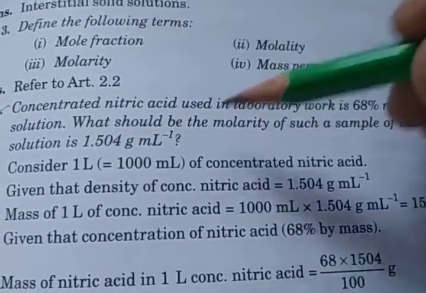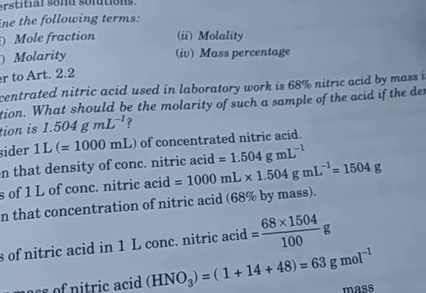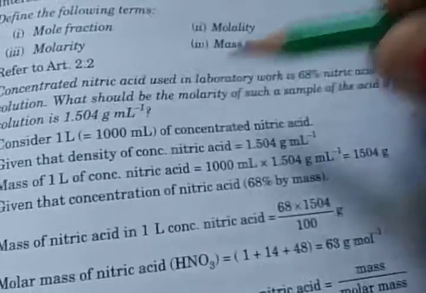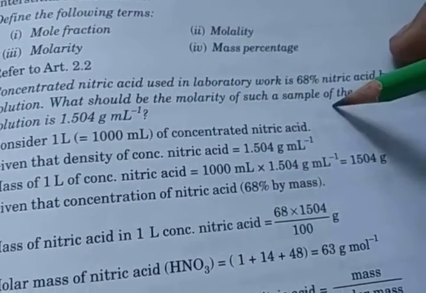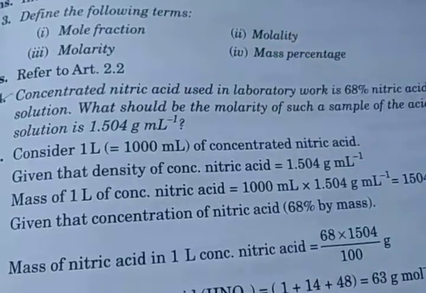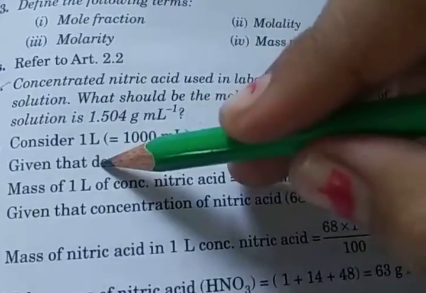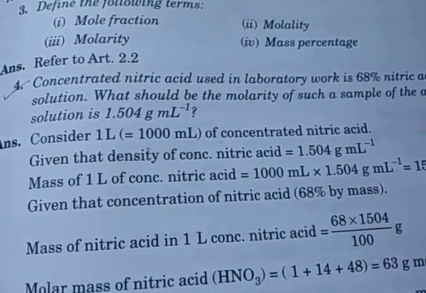Next, question number 4: concentrated nitric acid used in the laboratory is 68% nitric acid by mass in the aqueous solution. What should be the molarity of such a sample of the acid if the density of the solution is 1.504 gram per milliliter? You already know 1 liter is equal to 1000 ml.